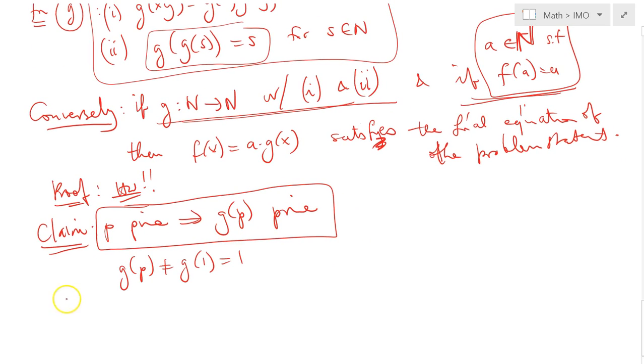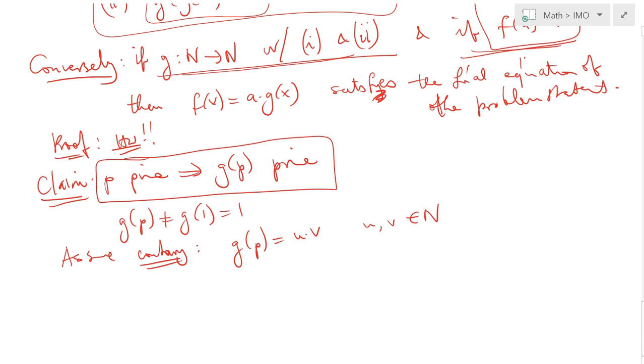But also, let's assume by way of contradiction that g of p is not a prime, but rather a product of two natural numbers, u and v.